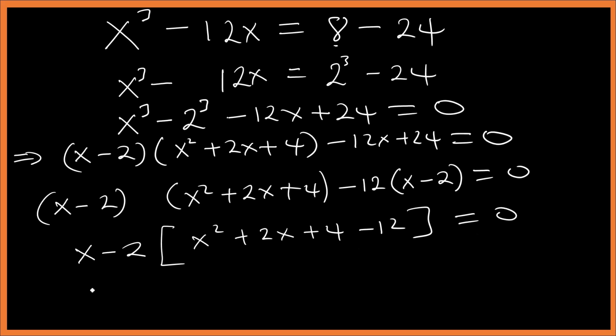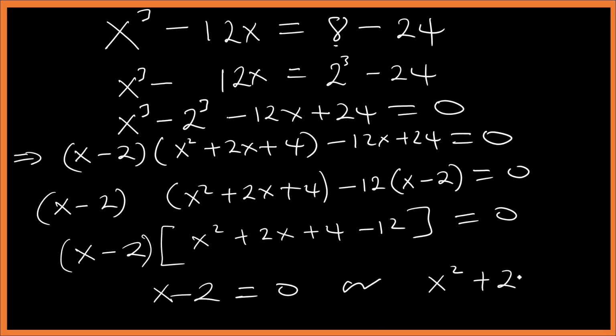So in going back, this one multiplies this and that, so I've done nothing. So with a zero product, x minus 2 equals 0, or x squared plus 2x minus 8 equals 0 this side.